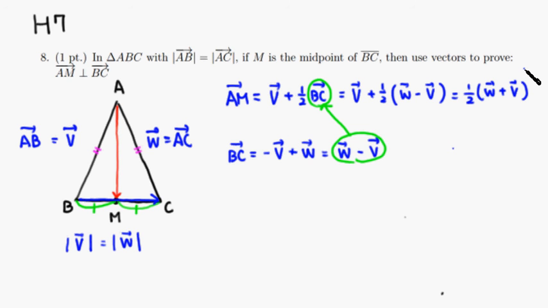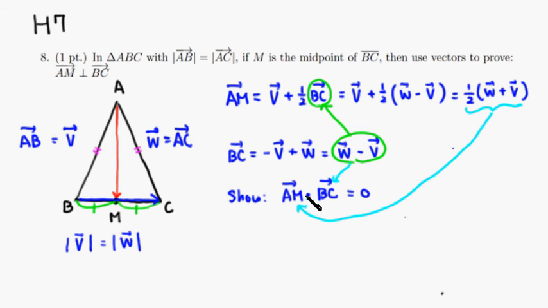So all you have to do to establish the perpendicularity is show that vector AM dot product with vector BC is equal to 0. So this is vector BC right there, and this guy is vector AM.